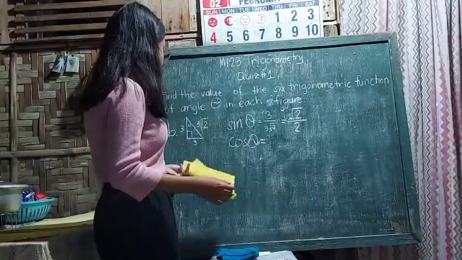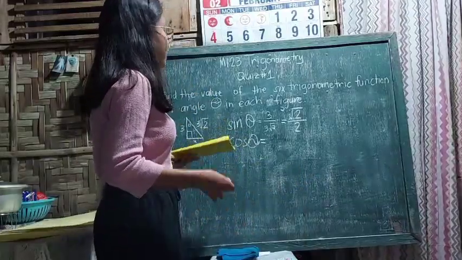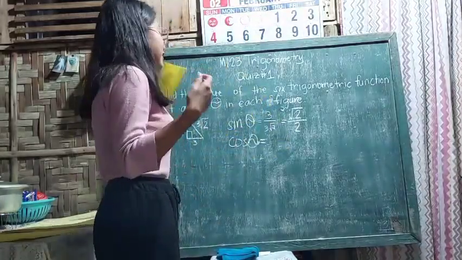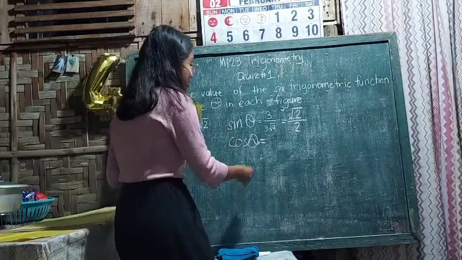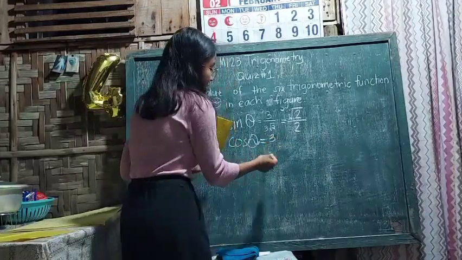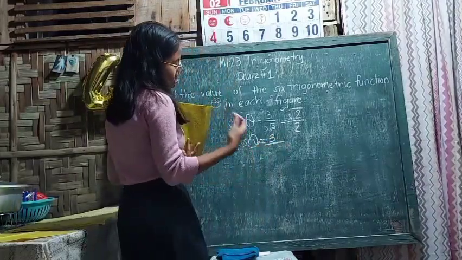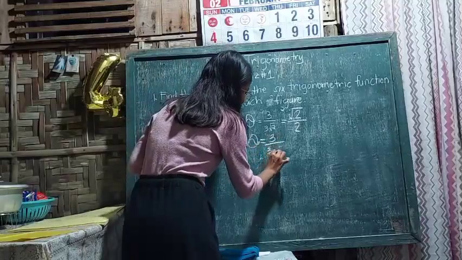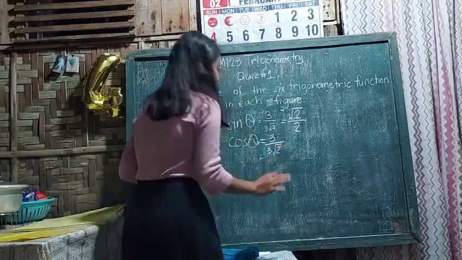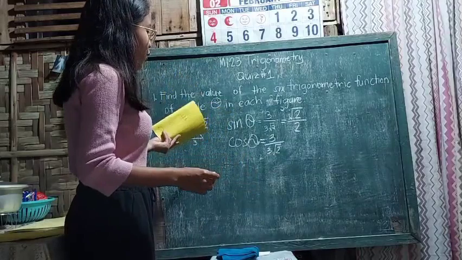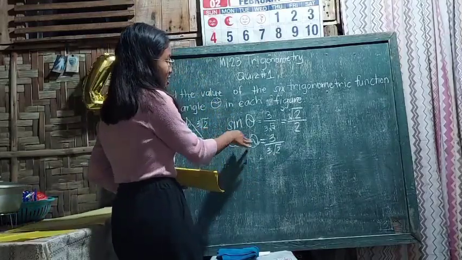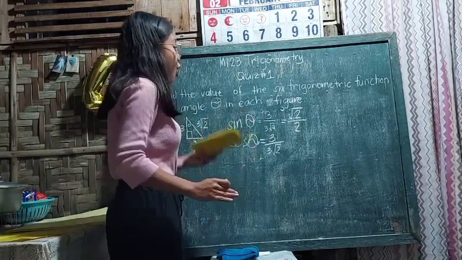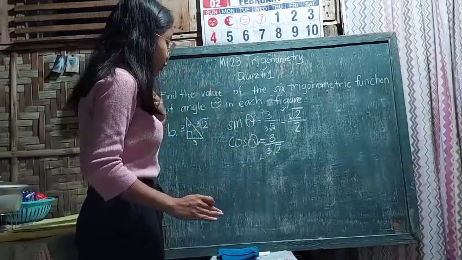So now for our cosine, remember that cosine is the adjacent over the hypotenuse. So our adjacent here is 3 and over 3 square root of 2 for the hypotenuse. Now, we can see that our sine theta and our cosine theta have the same value, which is 3 over 3 square root of 2.